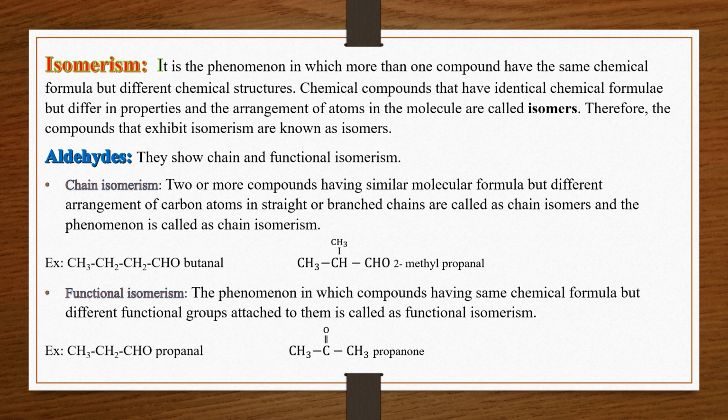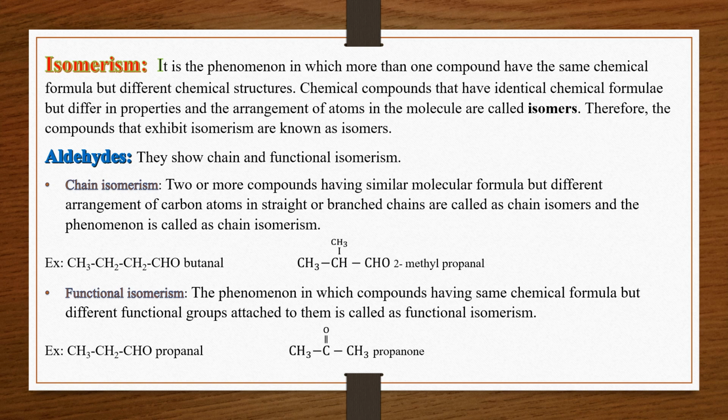CH3CH2CHO. It is called propanal. Why? Because it has only 3 carbons and hence it is called propanal. Its functional isomer CH3C=OCH3 is called propanone. What is the difference between these two?